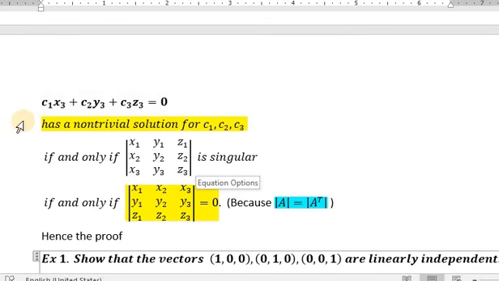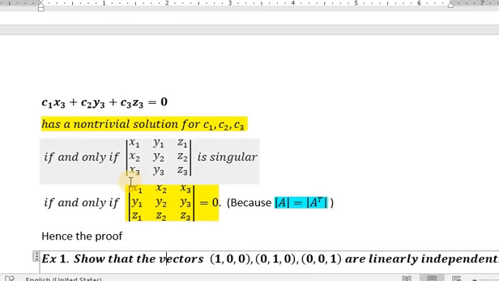This system of equations has a non-trivial solution for c1, c2, c3 if and only if the matrix x1, y1, z1, x2, y2, z2, x3, y3, z3 is singular. Then this implies that the determinant of its transpose matrix, x1, y1, z1, where the first row is taken as the first column, the second row as the second column, and the third row as the third column, is zero.